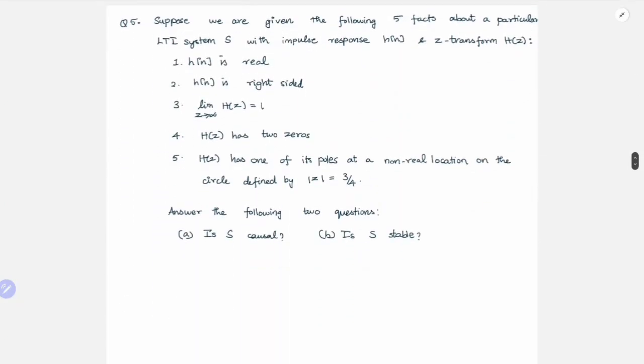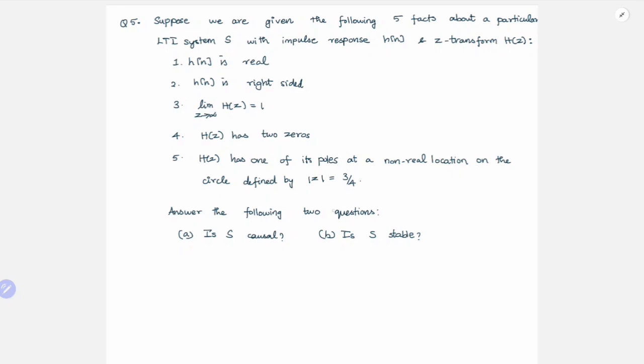Moving on to the next question. Suppose we are given the following 5 facts about a particular LTI system S with impulse response h of n and z transform H of z. The first one is h of n is real, h of n is right-sided, limit z tends to infinity H of z equal to 1, H of z has 2 zeros, and H of z has one of its poles at a non-real location on the circle defined by mod z equal to 3 by 4.